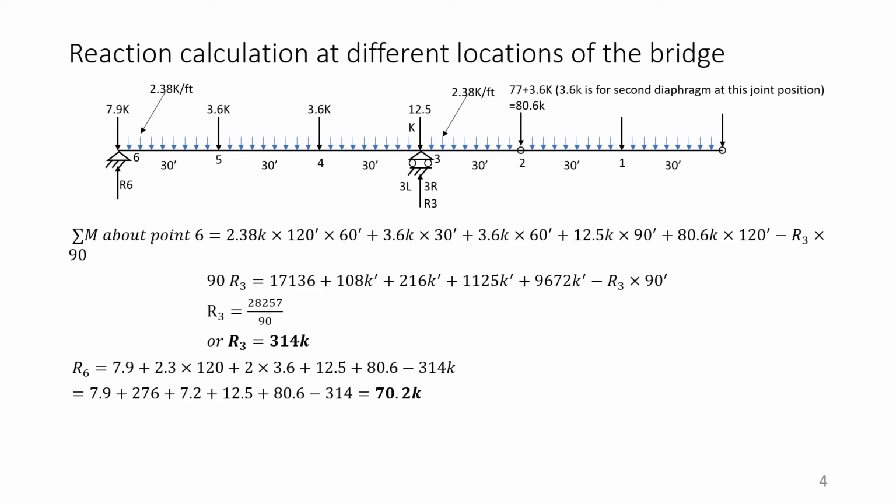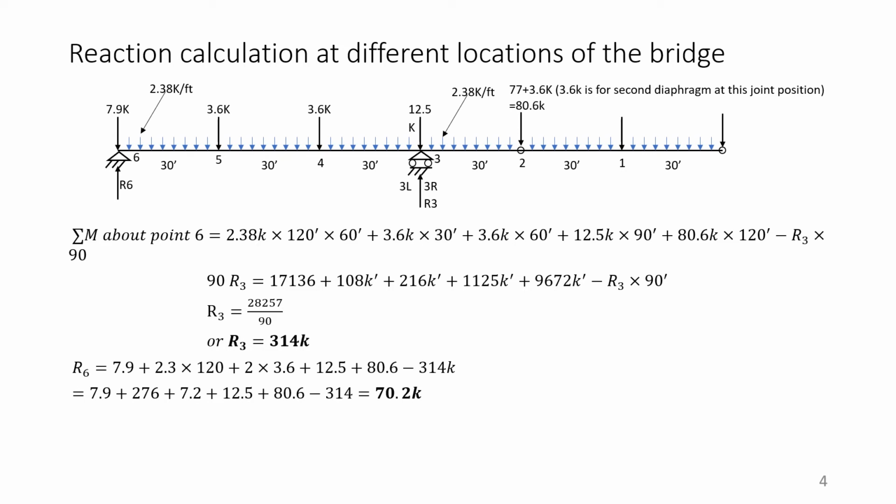This is 2.38 into 120 into the moment arm of that 120 feet span, which is 60 feet, plus next 3.6 into 30 is the next load moment, and 3.6 into 60 is the next load moment, and 12.5 into 90 is the next load moment, and 80.6 into 120 is the final moment, and minus R3 into 90. 90 has gone to the other side of the equation; you must note it. The R3 into 90 is on the left hand side of this line.